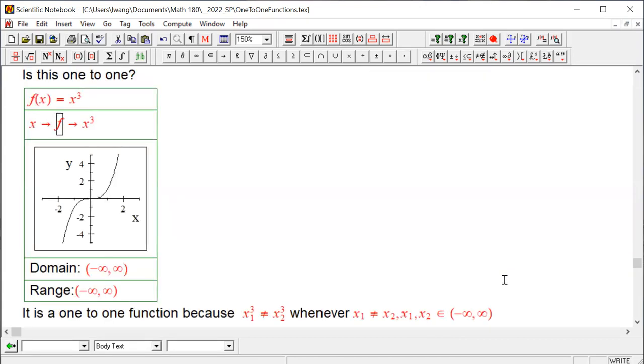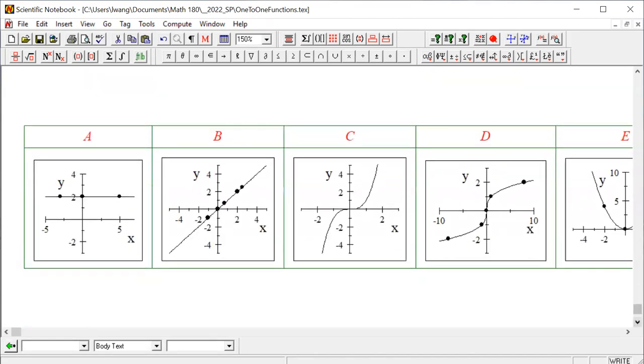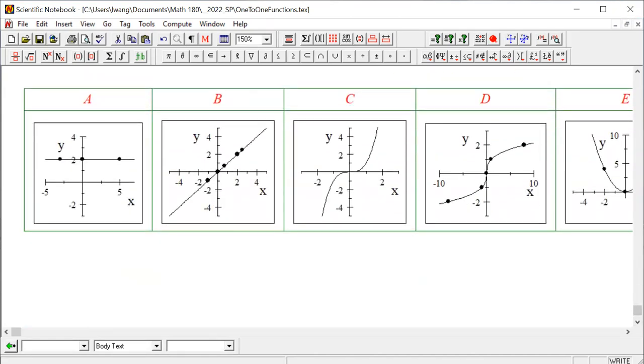Okay, there are variations. The right answer is not unique, but we need to cite the definition. Okay, write it down. When you make your statement, you need to cite the definition. You also need to cite the specific function under consideration.